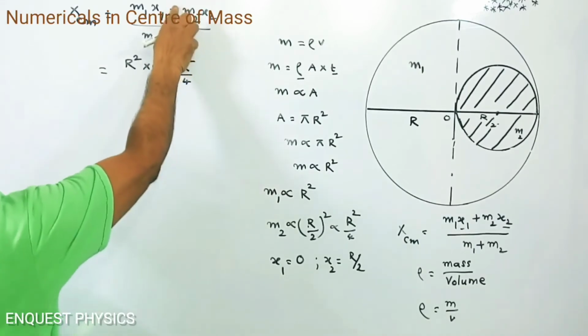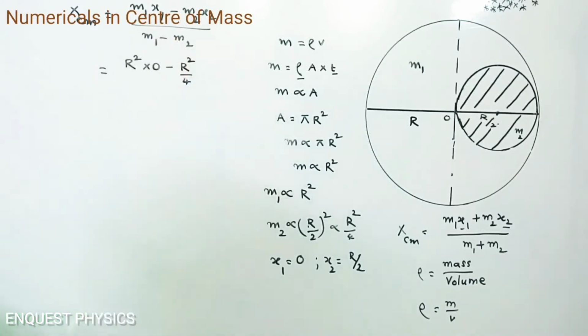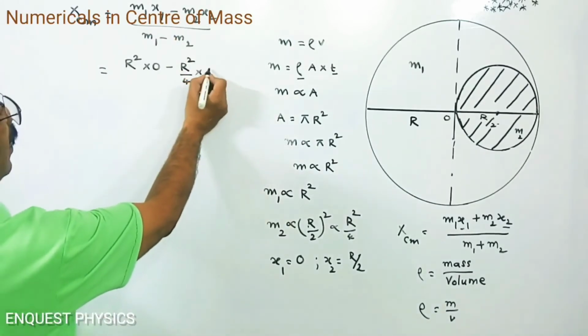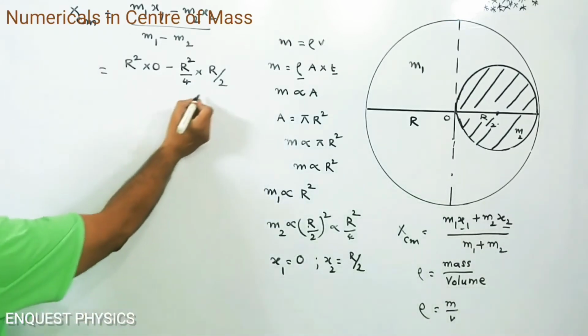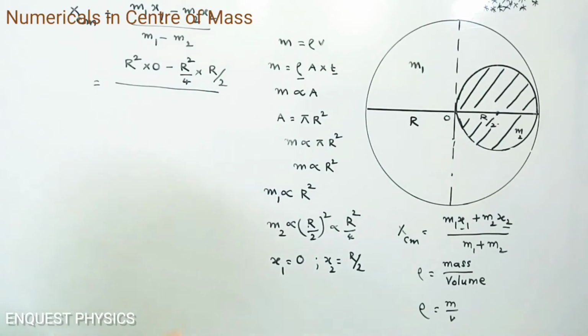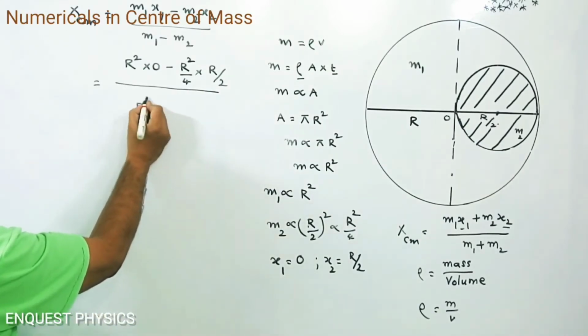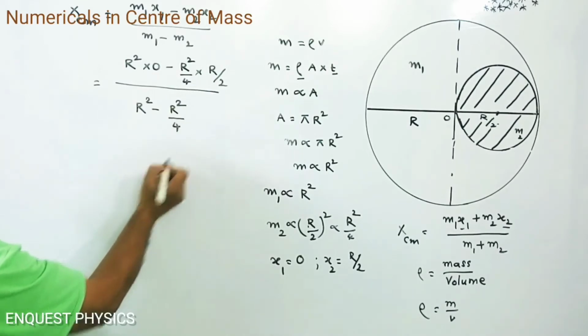I am considering it as the negative, and obviously it becomes negative, into x2, it is r by 2. Here we have upon m1, r square minus r square by 4, which is 3 r squared by 4.